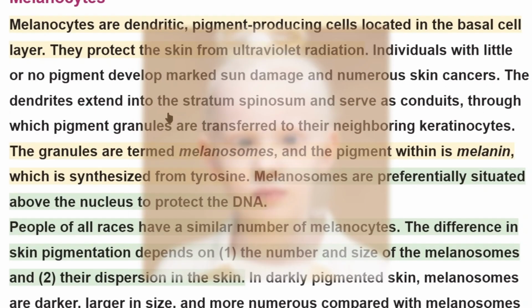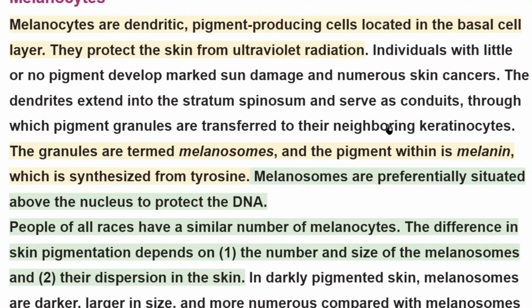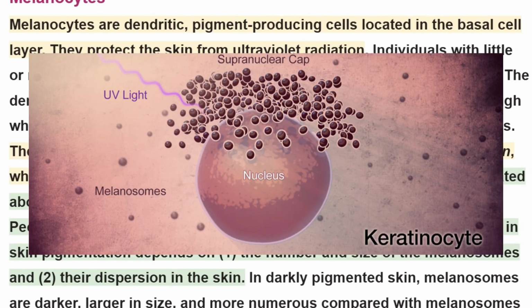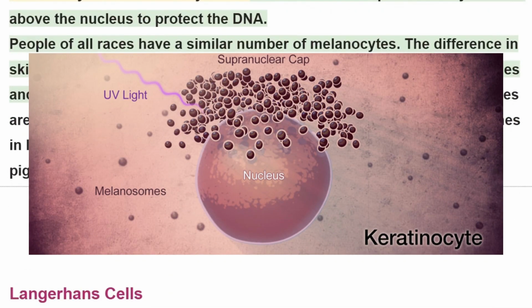The dendrites extend into the stratum spinosum and serve as conduits through which pigment granules are transferred to the neighboring keratinocytes. The granules are termed melanosomes, and the pigment within is melanin, which is synthesized from tyrosine. Melanosomes are preferentially situated above the nucleus to protect the DNA.